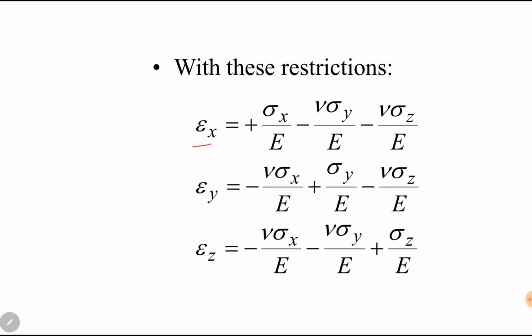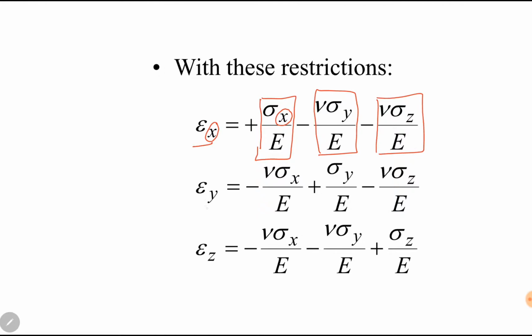Strain in one direction is caused by the stress in that direction. If the strain is in the x direction, the term with stress in the x direction will have a positive sign. And the strain in the x direction due to the other two directions will have a negative sign, with a multiple of Poisson's ratio.